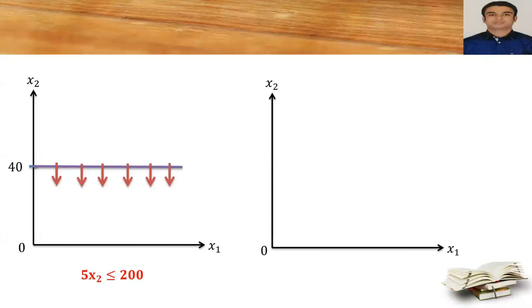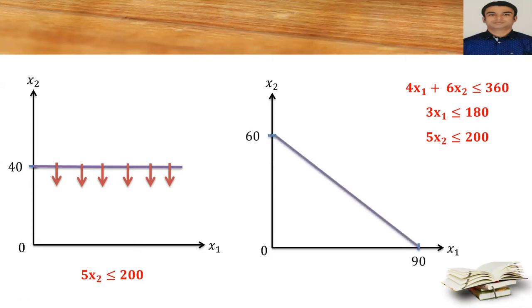Now, we create only one graph for all our equations, not a different graph. We create only one graph for a number of equations. So I combine all the graphs into one.